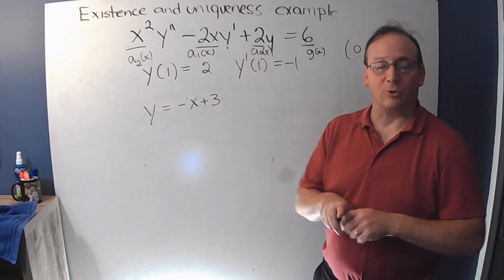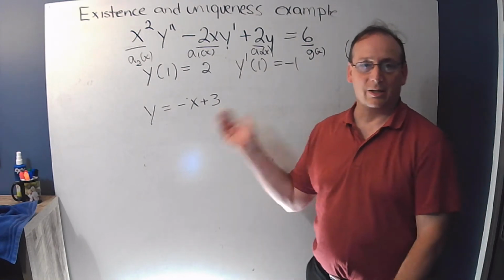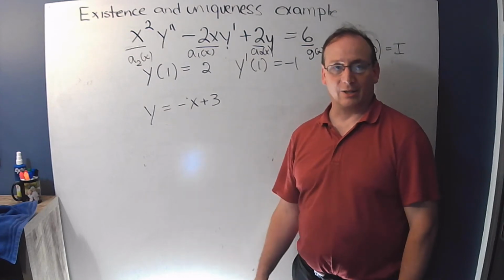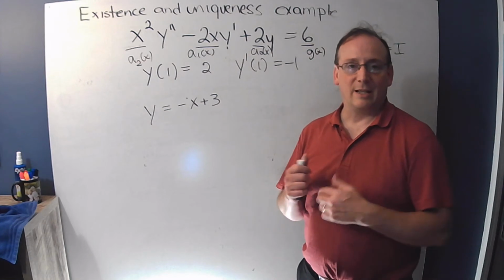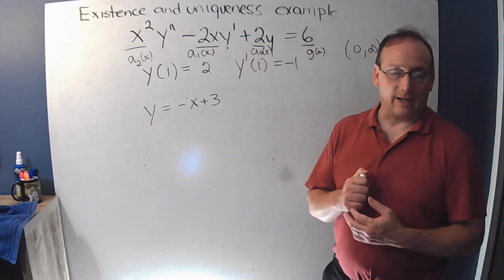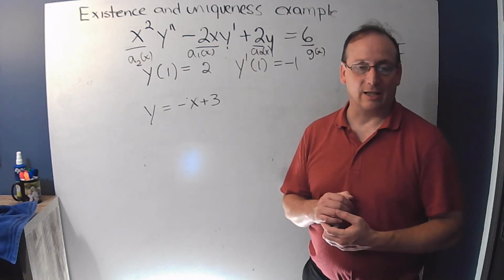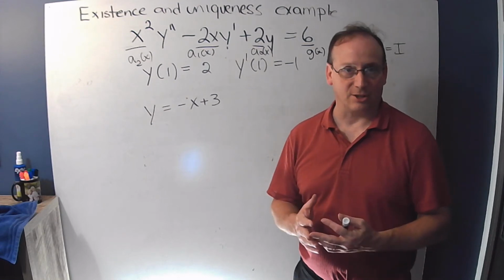In ensuing videos, I'll show you how we put a solution together like this. It's not really as mysterious as it seems. A lot of times we'll start to guess at a solution.